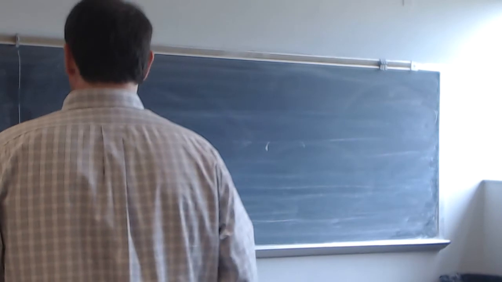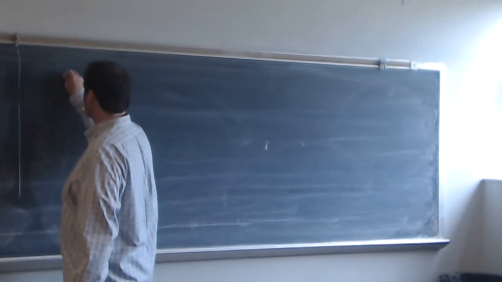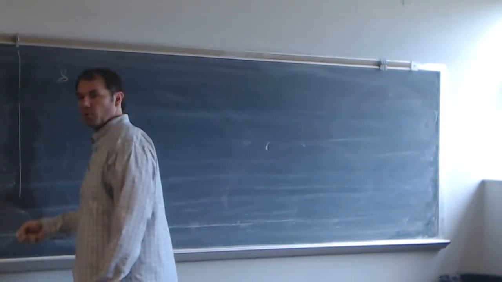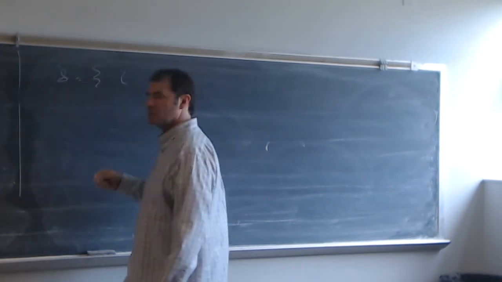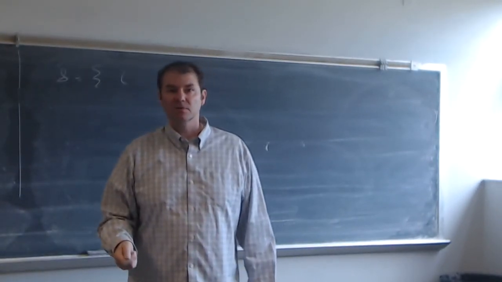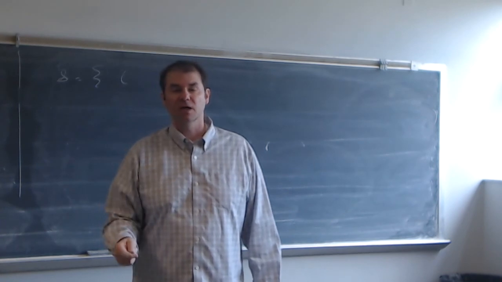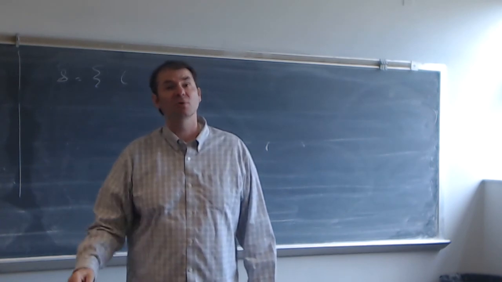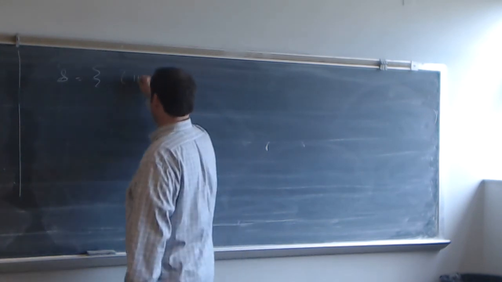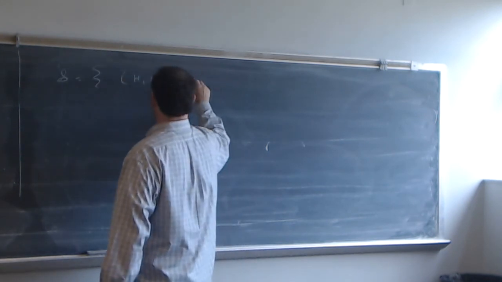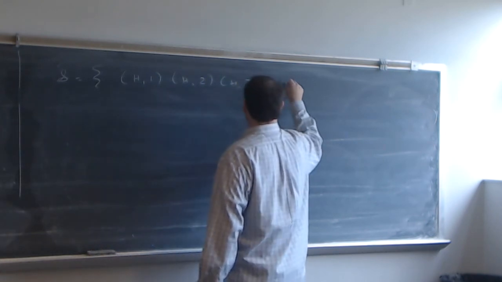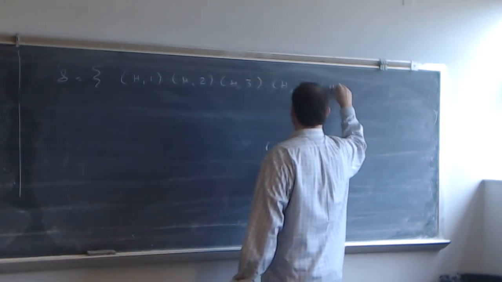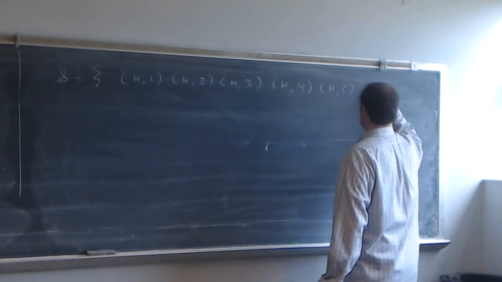Okay. So, first off, for the sample space, remember we're flipping a coin and then rolling a die. So there's 2 outcomes for the coin toss, and for each one of those possible outcomes, there's 6 outcomes. So there's 12 in the sample space. And they are heads 1, heads 2, heads 3, heads 4, heads 5, and heads 6.